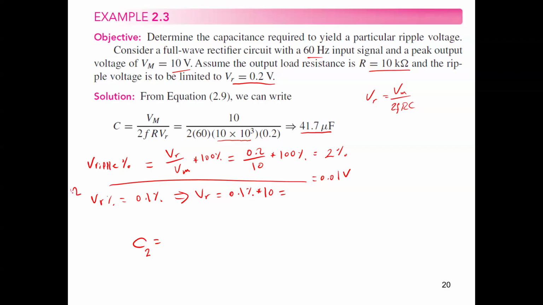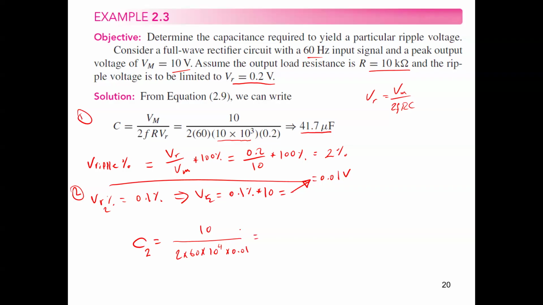So this is case number 2. And the first one here is case number 1. So for C2, guys, VR2 equals 0.01 volt. So let's substitute here in the relation. We have V maximum 10 volt, over 2 times 60 hertz times 10K, which is 10 to the power 4 now, times the V ripple, which is 0.01.